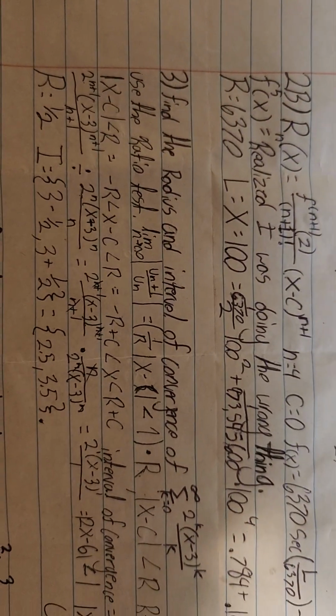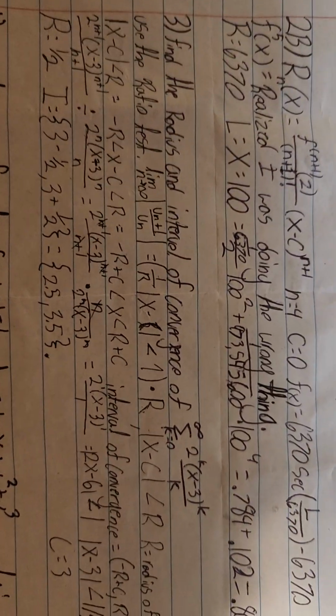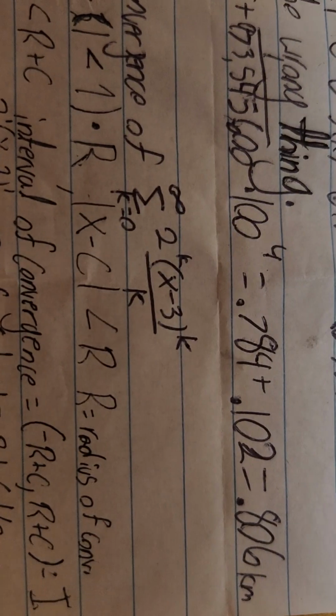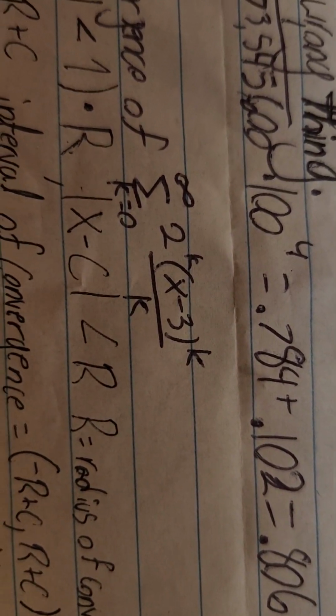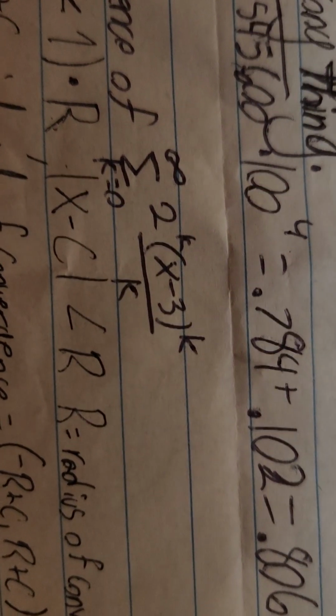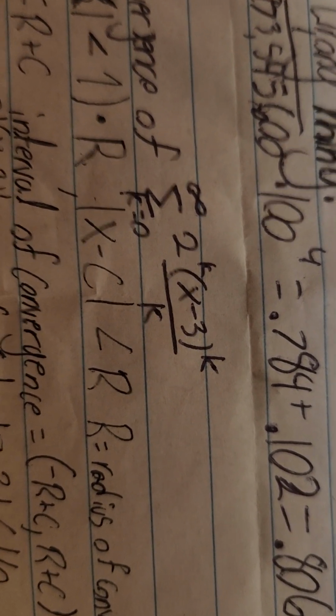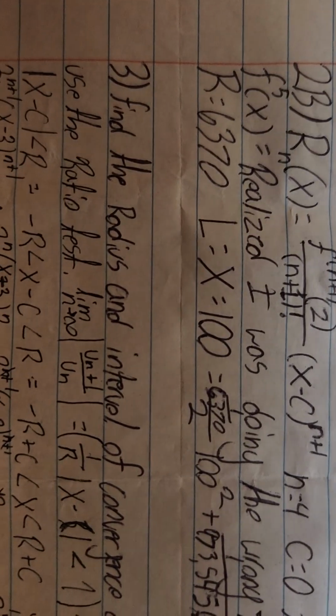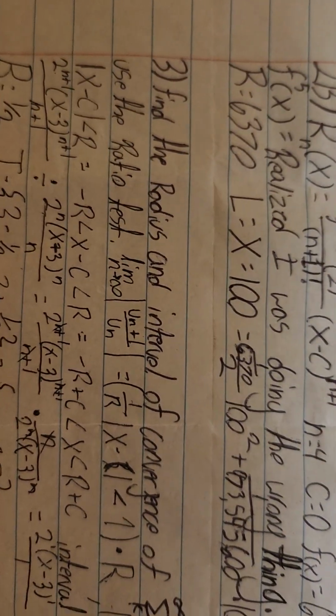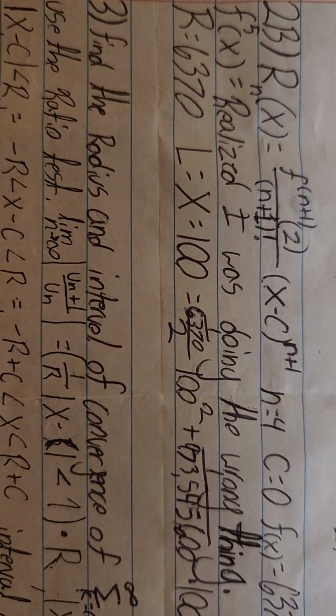Last question asks me to find the radius and interval of convergence of this series, where k equals 0 to infinity of 2 to the k times x minus 3 to the k over k. To find this series, I'm getting mixed up.